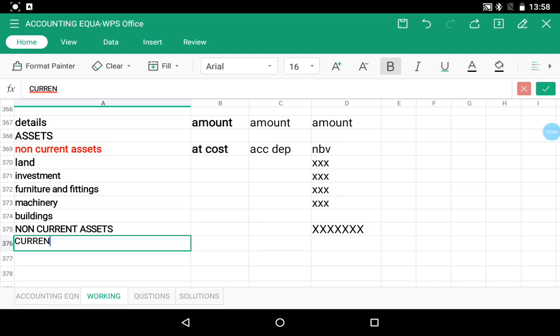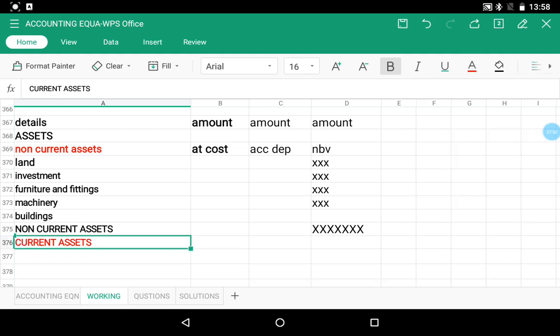When you talk about current assets, these are assets that take less than a year. Anytime you receive money, you wake up, open your business, and customers come. You have your items there, you have your clothings, you have stock, you have inventory. Anytime people will come and buy inventory.